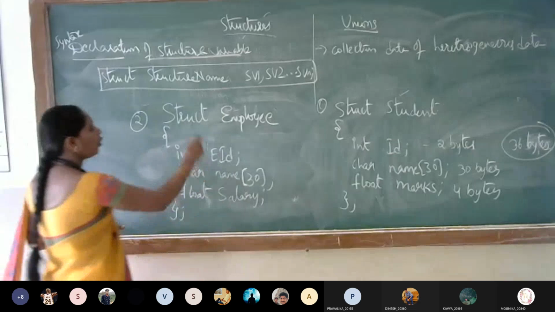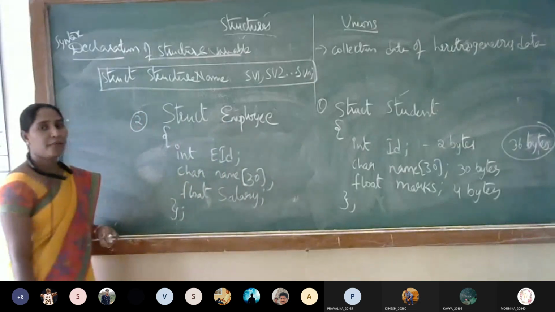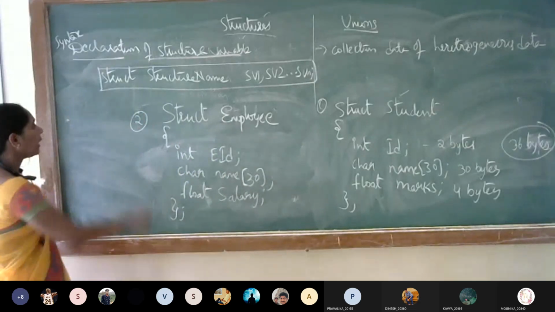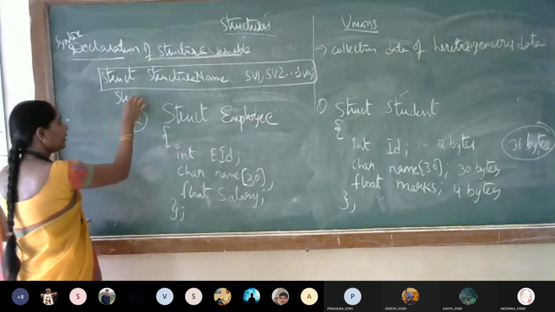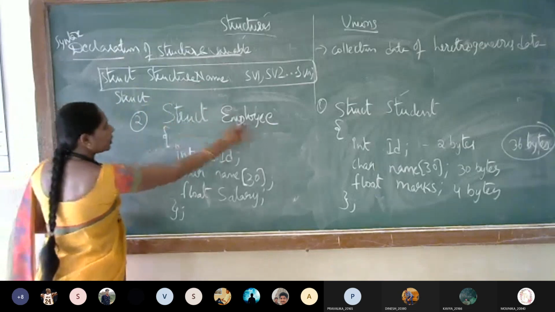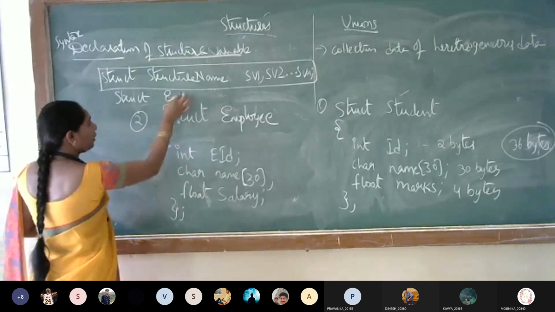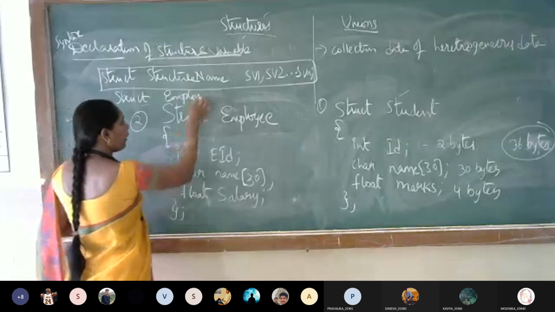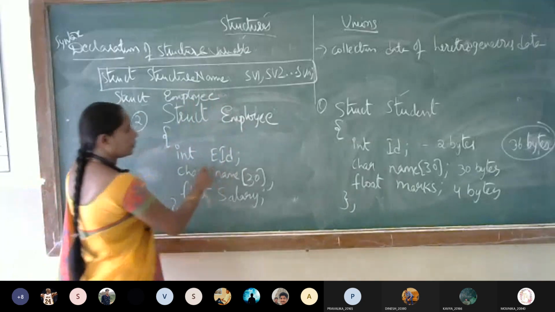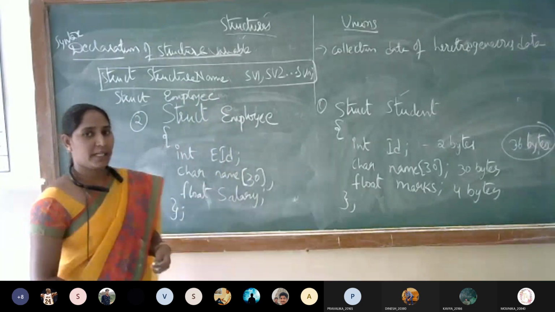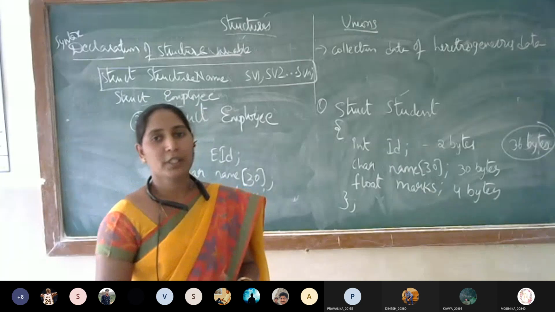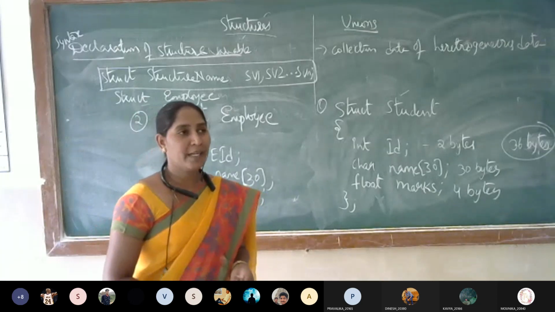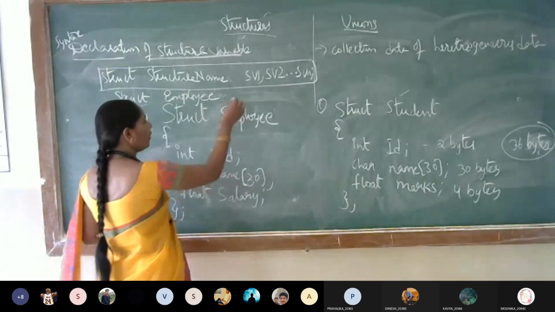That means if I want to define the structure variable of employee, I will define it as struct, then my structure name employee, and then the variables. In each and every organization we have n number of employees, but basically we will take either 1 or 2 variables.